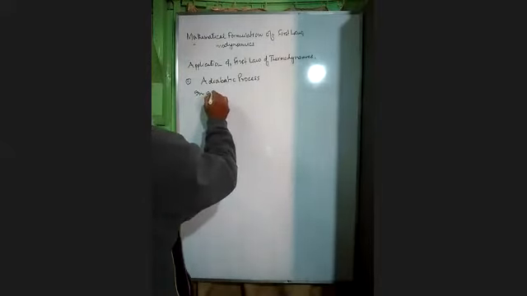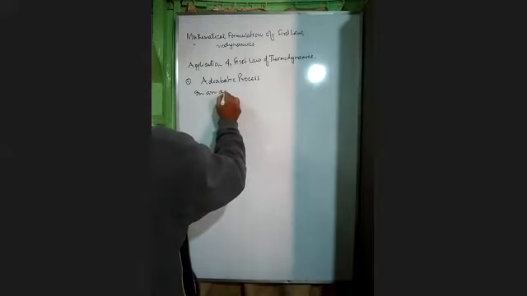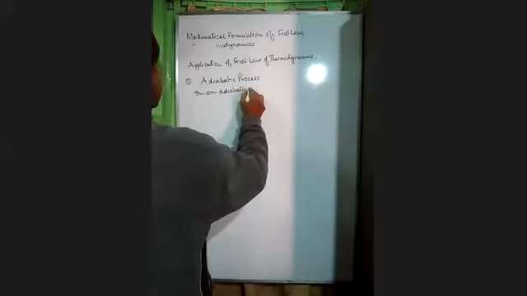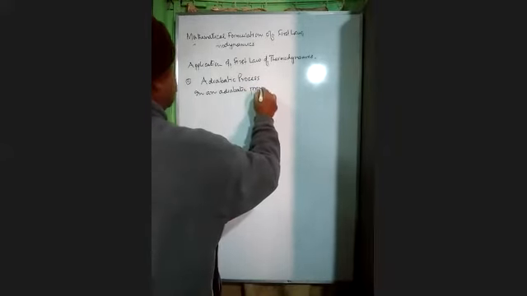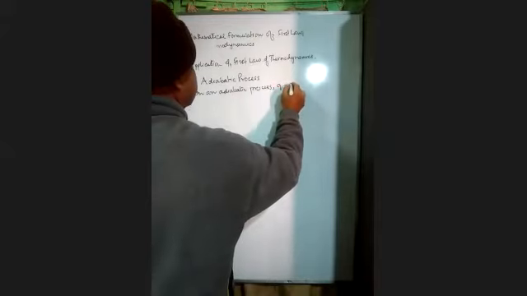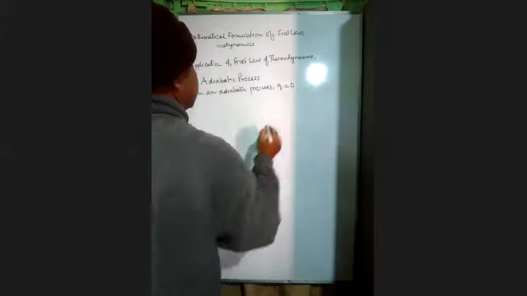In an adiabatic process, no heat comes from outside to inside or inside heat can go out. So Q is equal to 0.